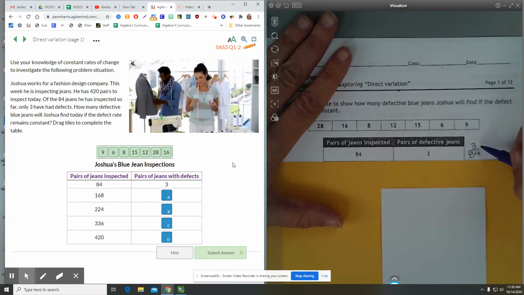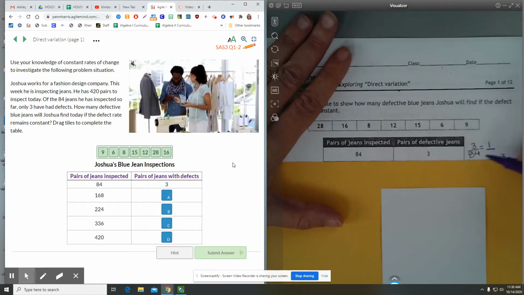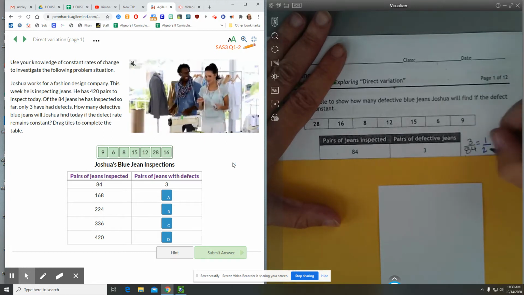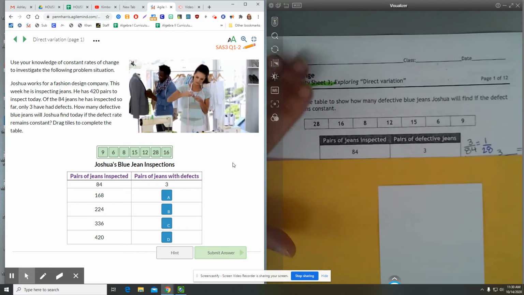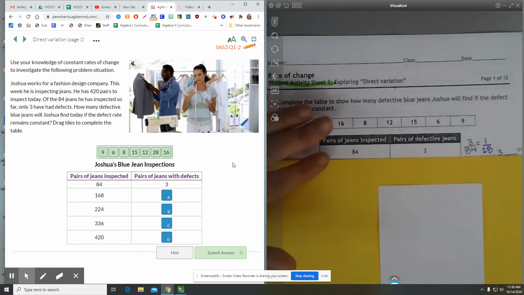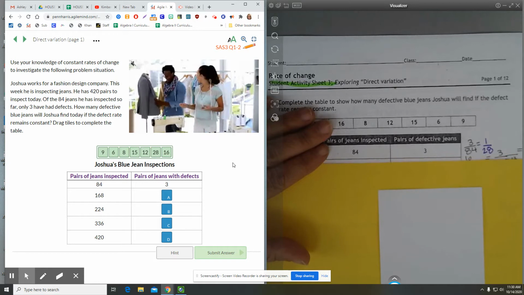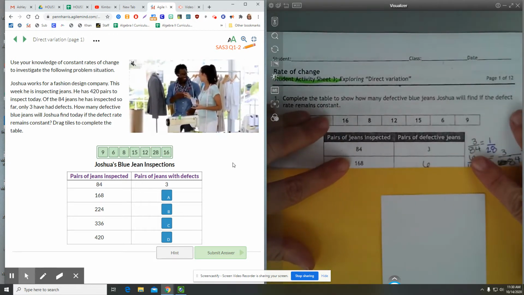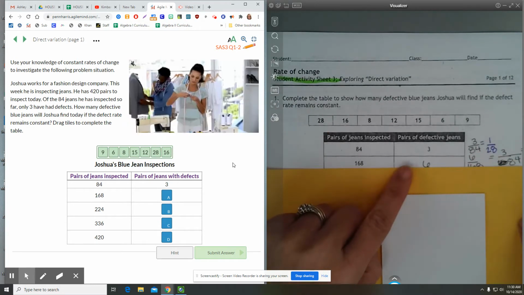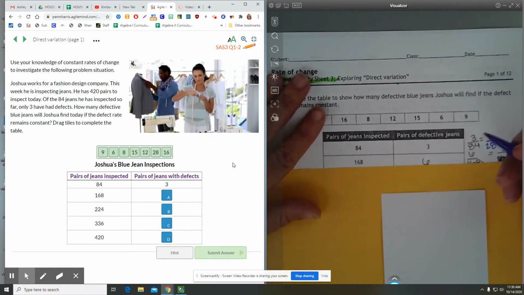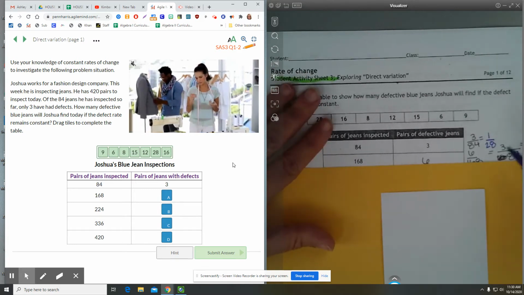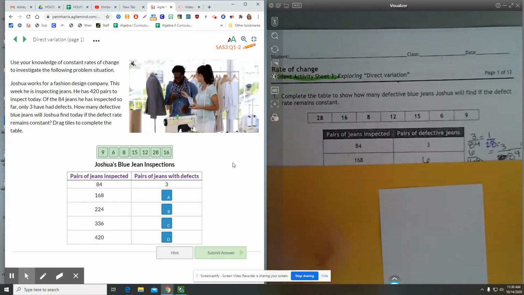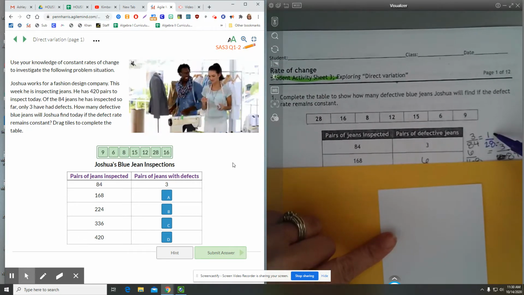3 goes into 3 one time, and 3 goes into 84 28 times. So what happens there, guys, is we ask, what times 28 gives us 168? That would be 6. Again, for every 28 pairs of jeans right here, I find one defective pair.